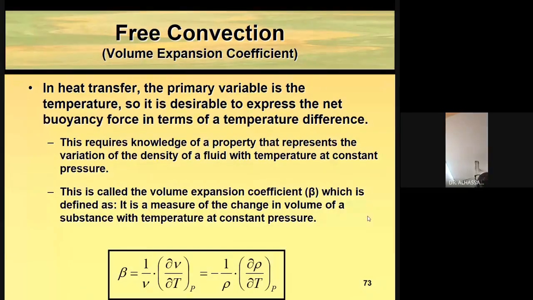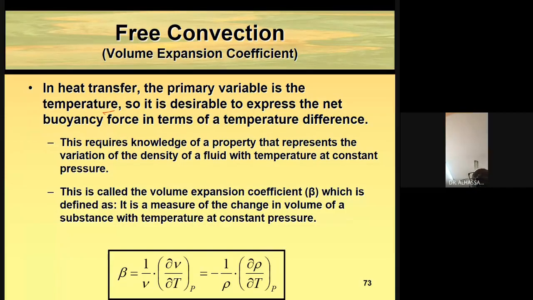Now, let us see. We want to look at the thermal behavior of the fluid molecule in terms of natural convection. So we say in heat transfer, the primary variable is the temperature. So it is desirable to express the net buoyancy force in terms of temperature difference.